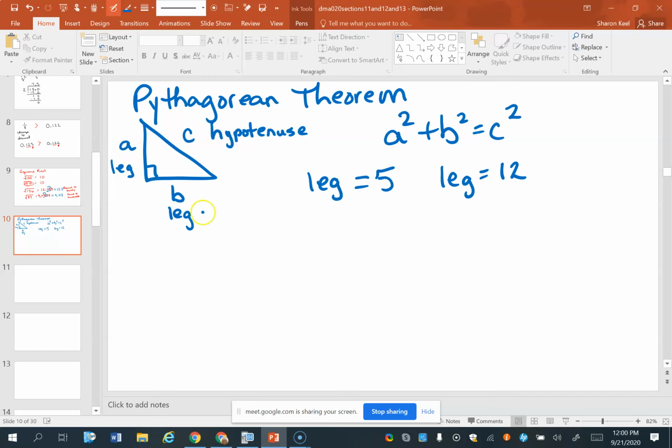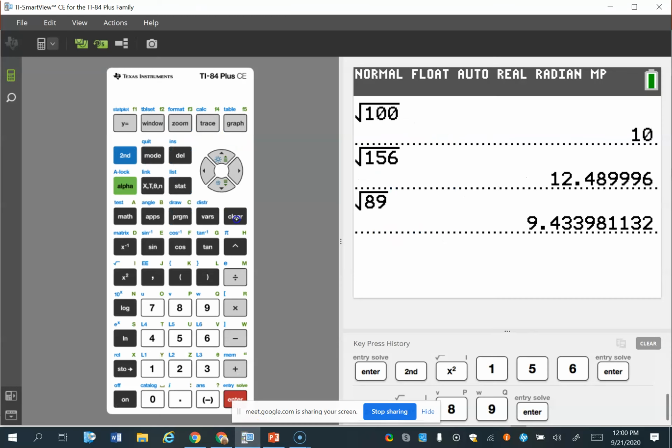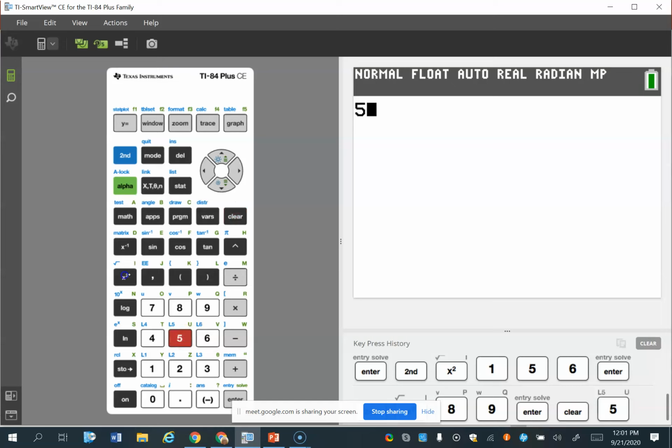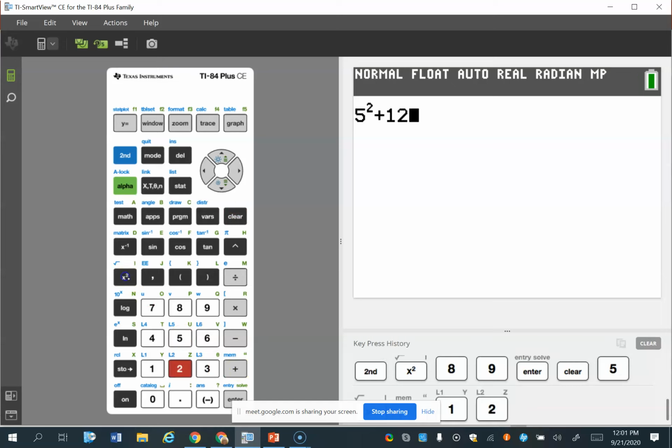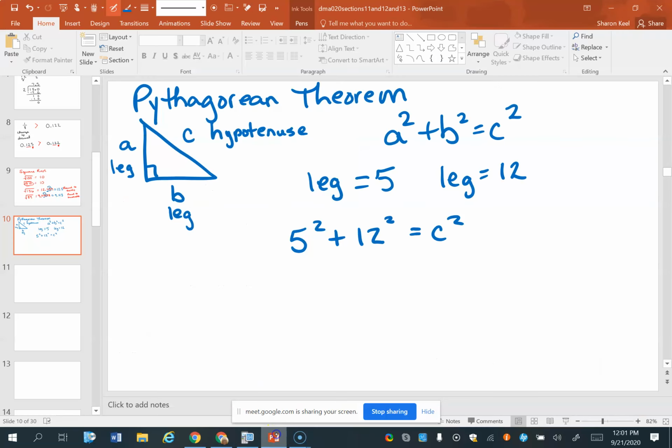So that means the A and the B are 5 and 12. So that would be 5 squared plus 12 squared equals C squared. Use our calculator. So we're going to have 5 squared plus 12 squared. That will give us 169. So 169 is equal to C squared.